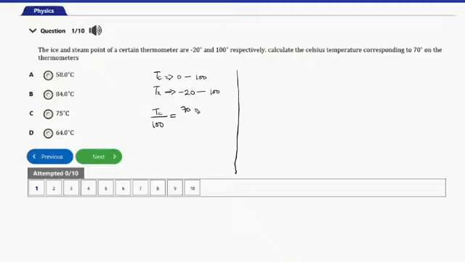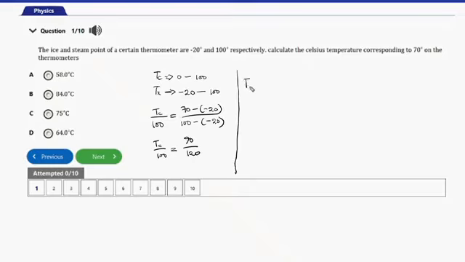70 degrees here minus the -20 degrees over the 100 degrees minus the -20 degrees. So guys, in this situation, we are going to have that TC over 100 is actually 90 over 120.